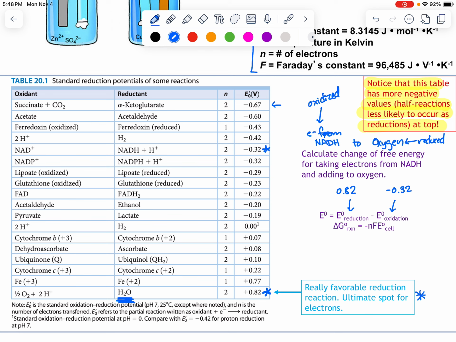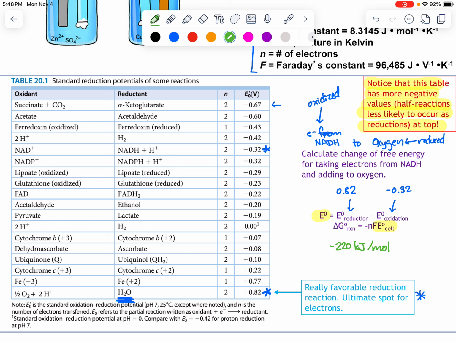I could calculate my cell potential, and then I could plug it in here to calculate delta G. If you do that and you do all the appropriate conversions, you will find delta G comes out to about negative 220 kilojoules per mole, which is a lot of energy.